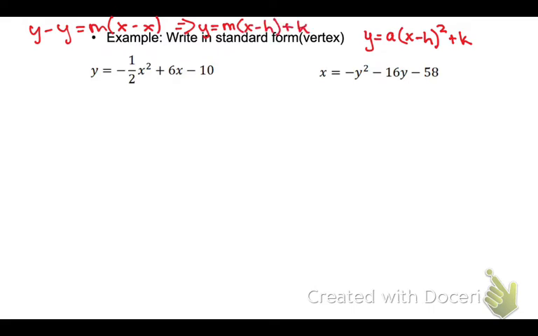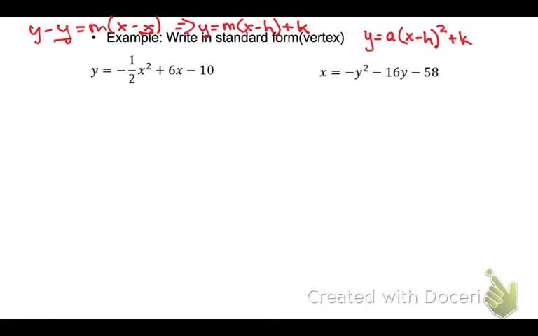Yeah, because I would add over my y, and then here's my h. So there are long ways to do this and short ways to do this. The best way is completing the square, and we worked on it last year, and I do not expect you to go, oh yeah, I remember how to do that. I expect you to think.